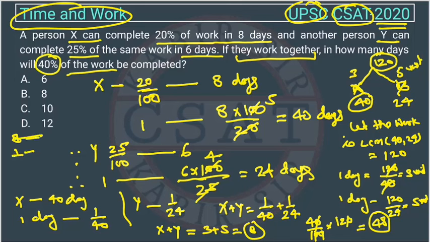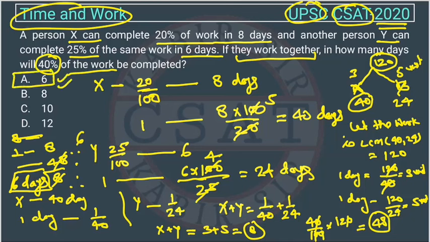In one day how many units are done? 8 units, right? So 48 units are completed in how many days? So it will be 48 upon 8. This will be 6. So it will be 6 days, right? So the answer is option A.